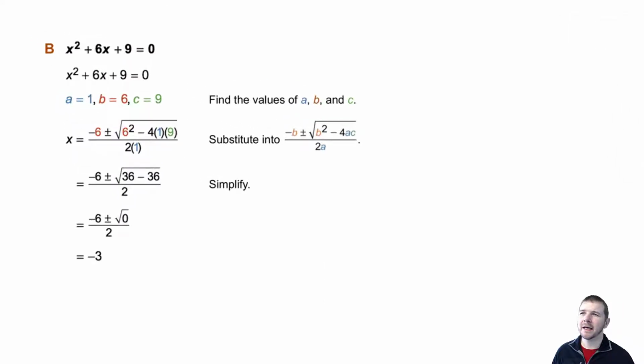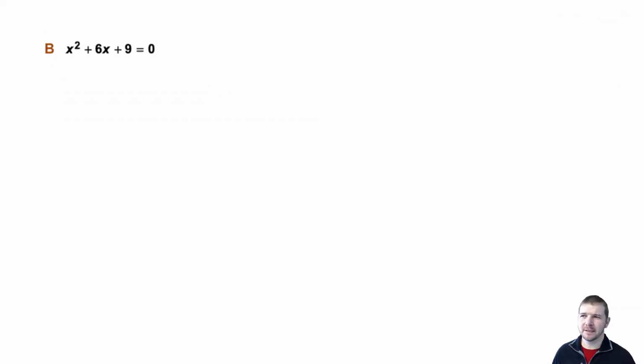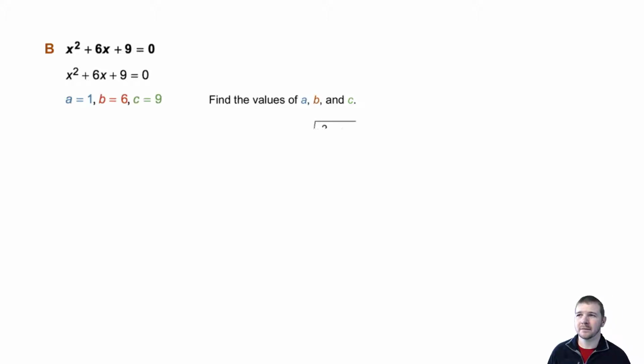And part B. How about x squared plus 6x plus 9 equals 0? This equation is already written in standard form, and so we can identify a is 1, b is 6, and c is 9. Then we'll substitute into the quadratic formula.